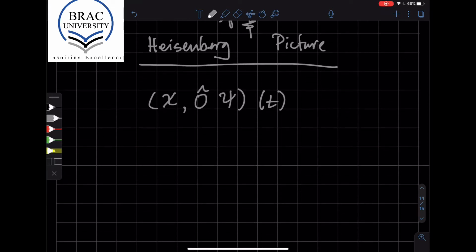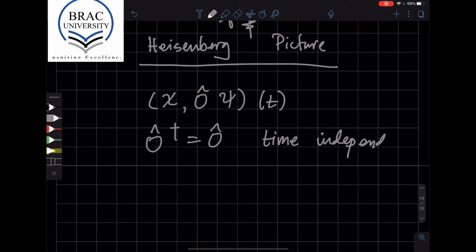And according to our formulation of quantum mechanics, O is an observable, therefore it's given by a Hermitian operator, and it usually doesn't have any time dependence. So this is usually time independent. Whereas the time dependence is carried in the wave function, say psi, chi, etc.